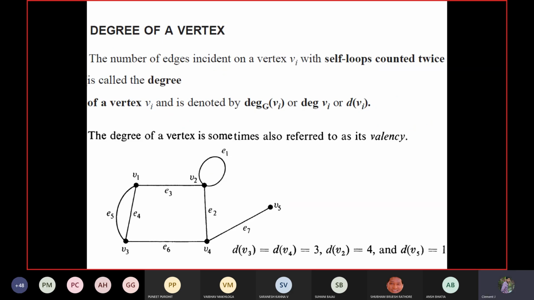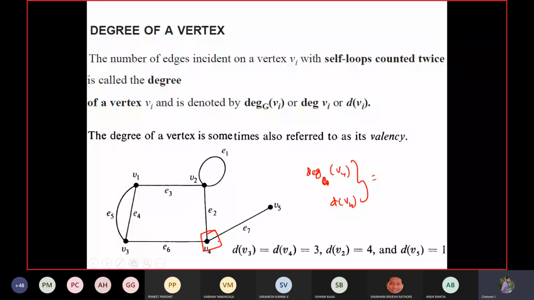Next, degree of a vertex. You can consider the same example. If I am going to determine the degree of V4, listen carefully, it is very simple. Don't get into the formal words of the definition, just see the logic. The degree of V4 can be denoted as degree of V4, or they can use the notation D of V4 also. Both are the same notation. In that case, how many edges are incident to that particular vertex V4?